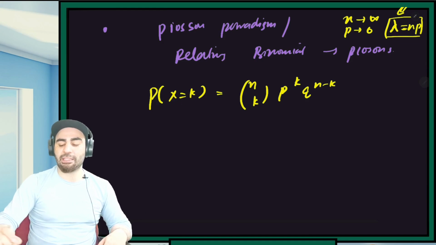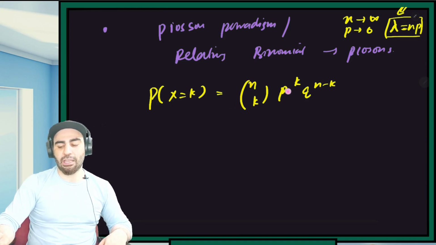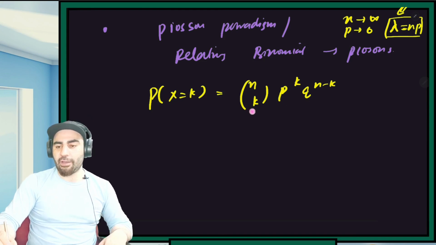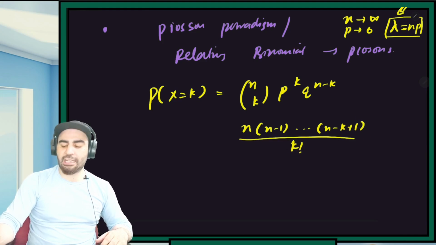Now if I expand this, you know the PMF of a binomial distribution is written like this: n choose k, p to the power k, that is the success probability, and the failure probability to the power n minus k. I can expand it like this: n into n minus 1 into n minus 2 till n minus k plus 1, divided by k factorial. This is the definition of permutations.